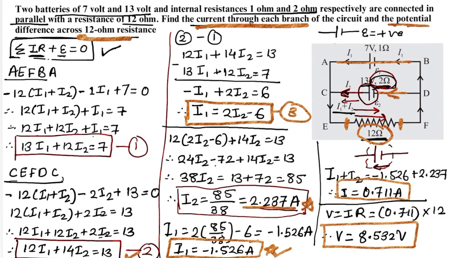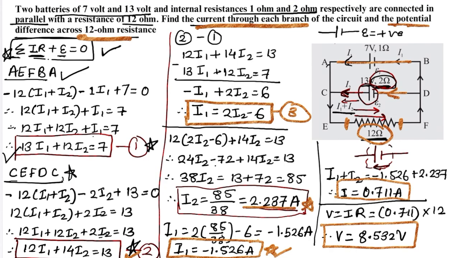So while solving this numerical, what we have done? First we have understood the direction of current, the resistors attached in the circuit, the battery and its internal resistance, and the Kirchhoff voltage law. We have considered two loops. For the first loop we have applied the Kirchhoff voltage law, and we have given it as equation number 1. For the second loop we have again applied the Kirchhoff voltage law, and we have given this as equation number 2.